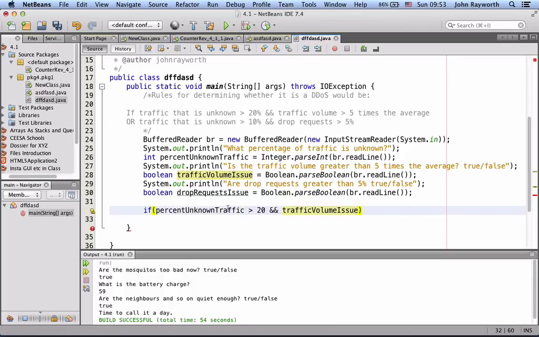So if those two things are true, or, and or looks like this, or the traffic which is unknown is greater than 5%, so not that big of a deal. Or would I say 10? But we're already starting to have drop requests of greater than 5%, so something's up. So to finish this off, that one is true.